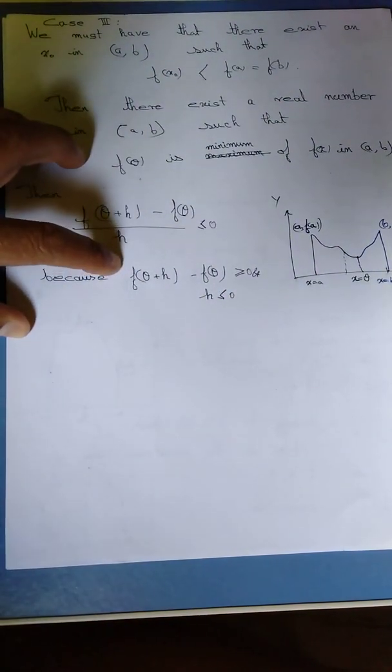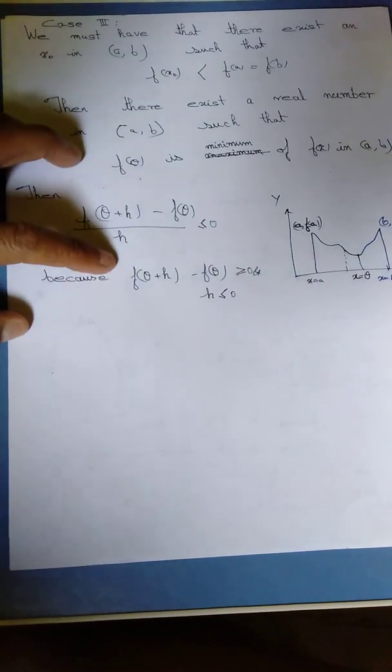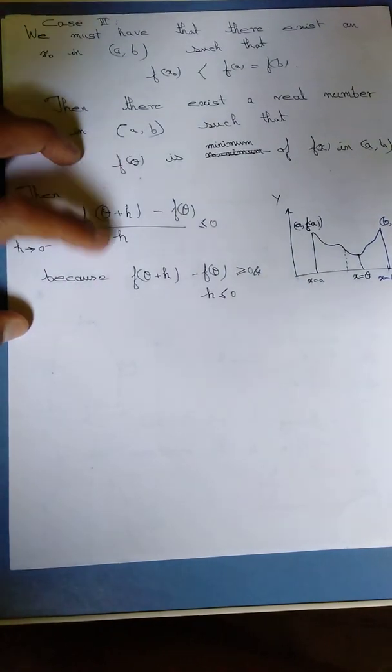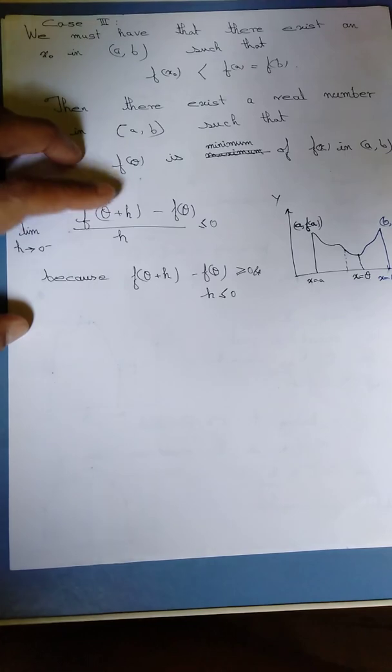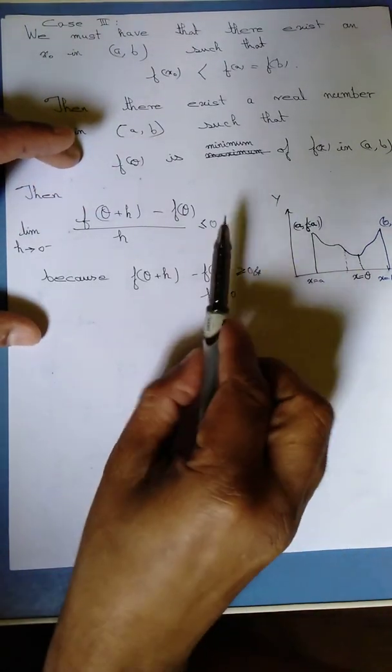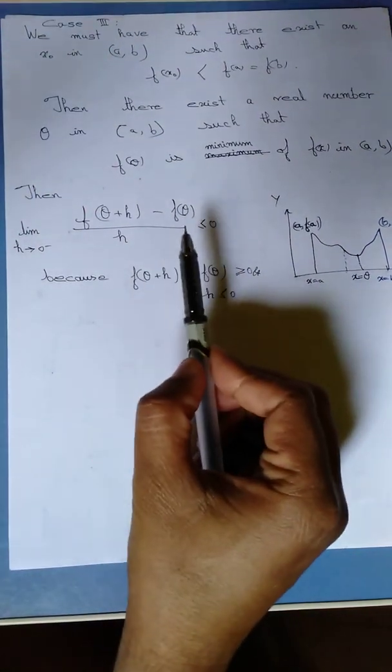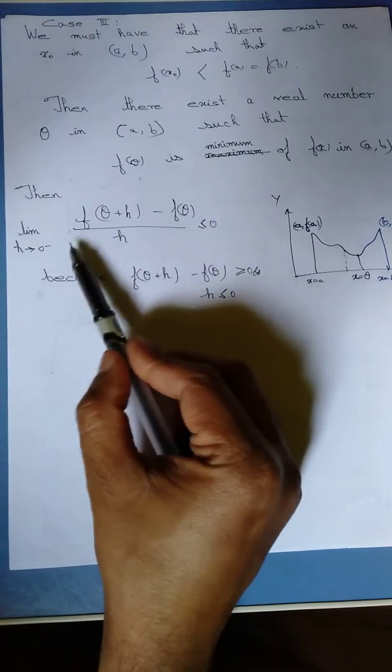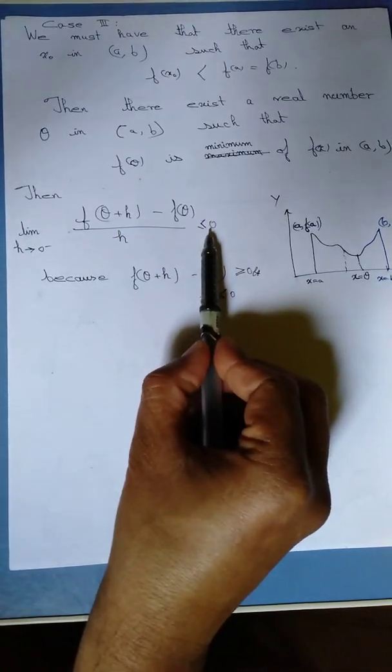Positive by negative will give you the ratio negative. That negative in the limiting case may be 0, so the limit might be less than or equal to 0.